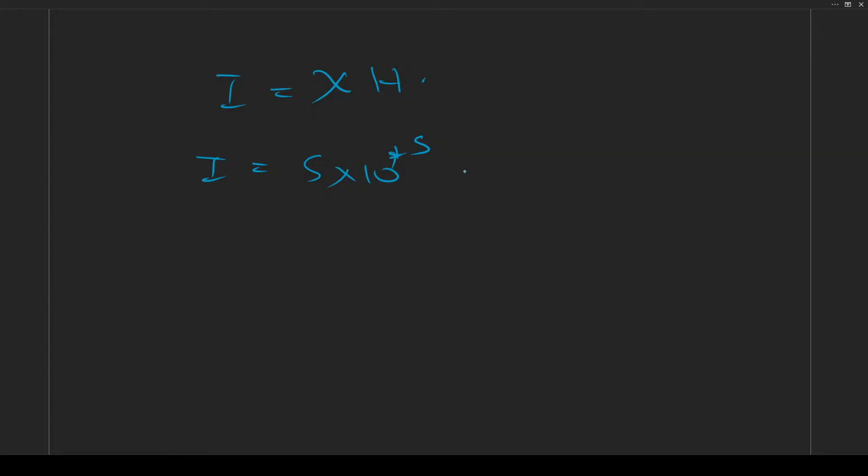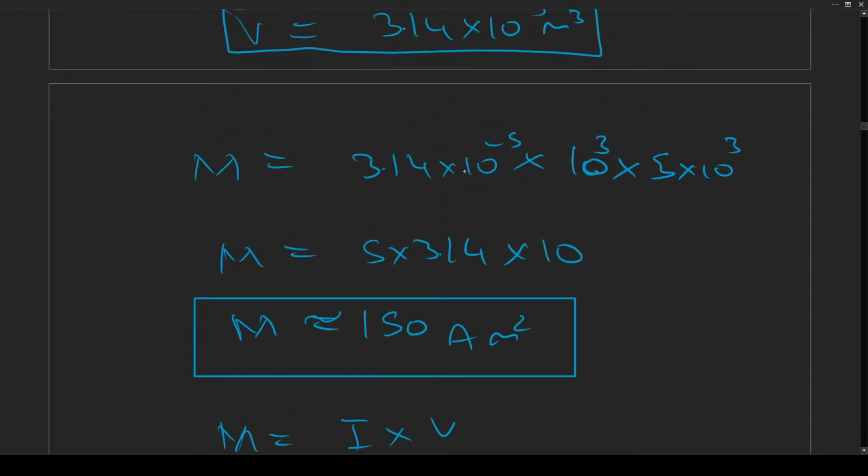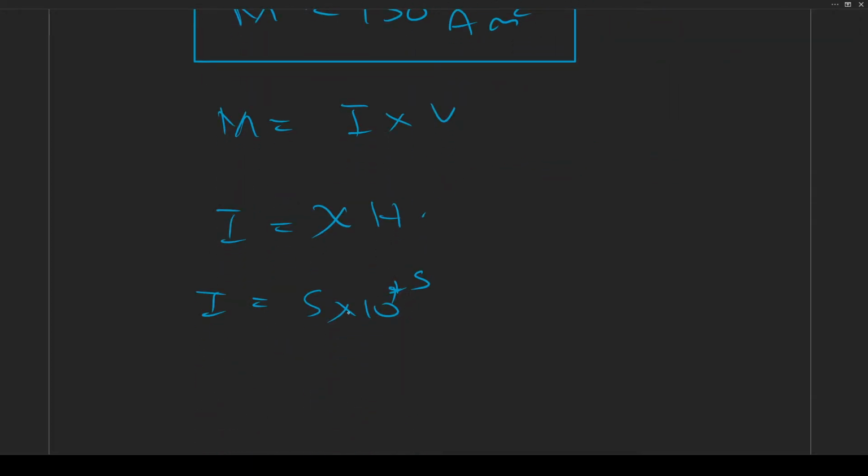And this times magnetic moment is equal to 5 into 10 power 5 times 3.14 times 10 power minus 4 times 10 power minus 1.